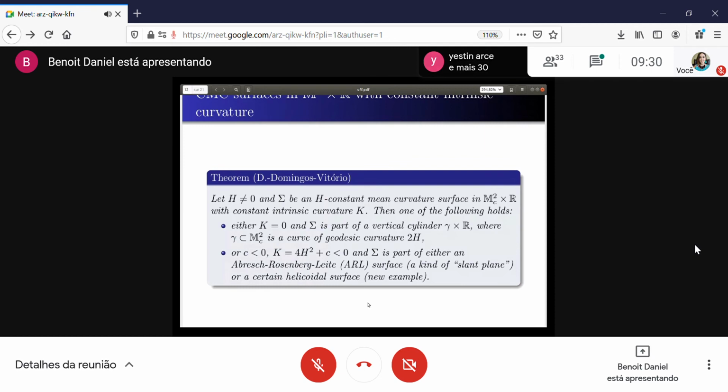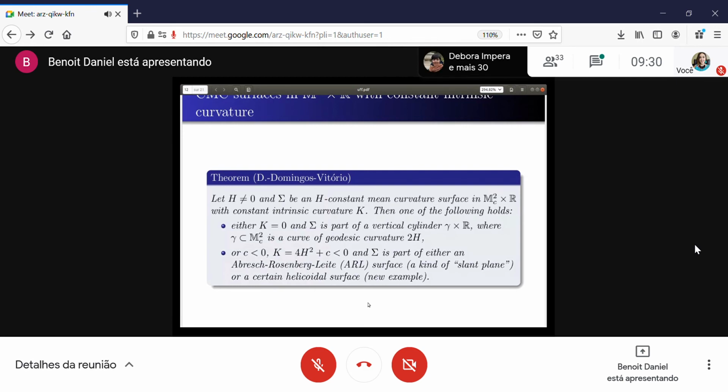So briefly, what is an Abresch-Rosenberg surface? You can think of this as a kind of slant plane. I am in H2 cross R, and if I intersect my surface with a horizontal plane, I will get a horocycle. And if I cut this ARL surface by a vertical plane orthogonal to the horocycles, I will get a slant geodesic of H2 cross R in some vertical plane.